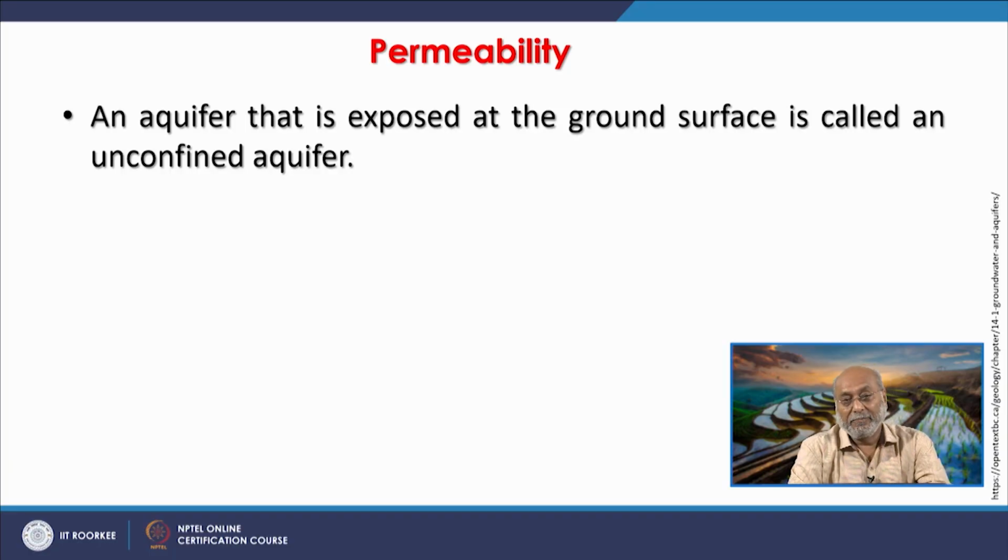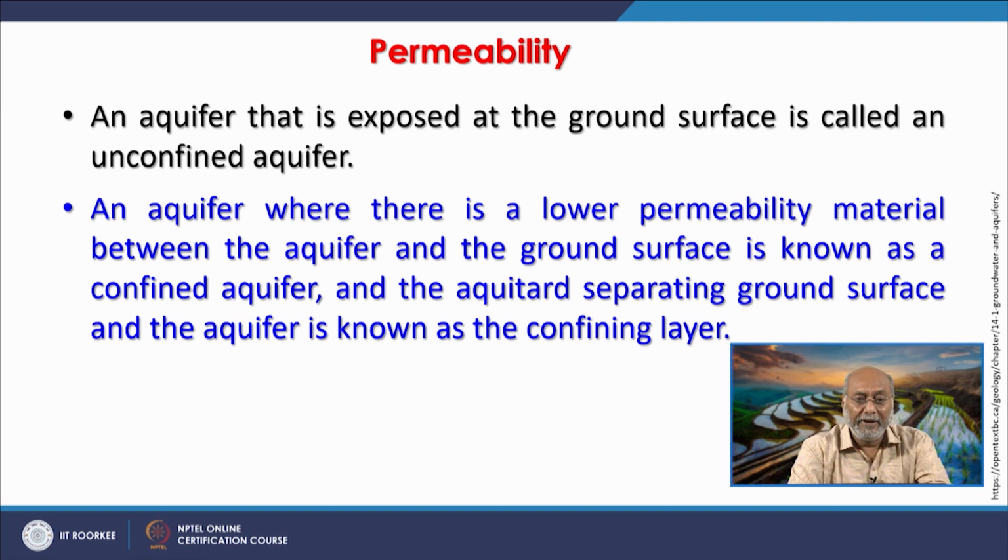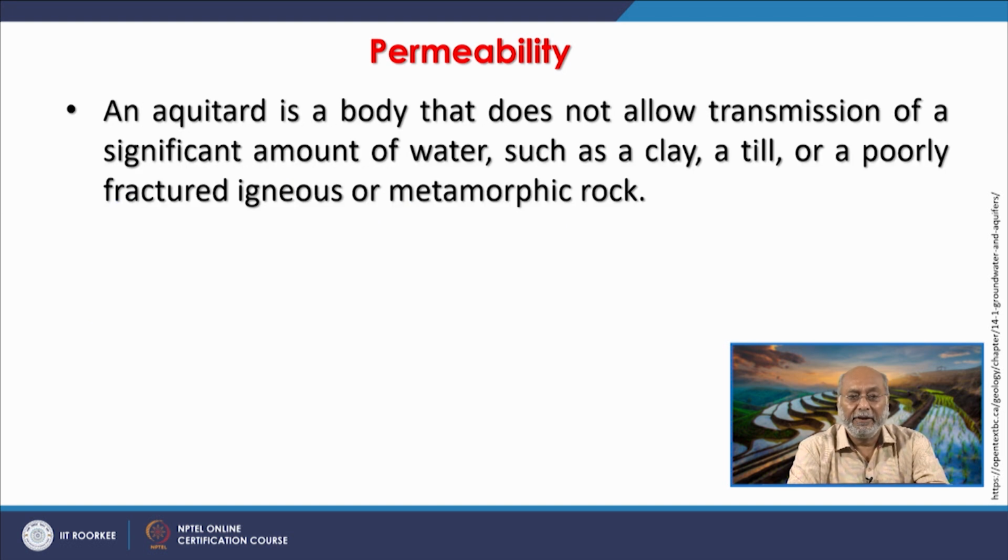So, an aquifer that is exposed to the ground surface is called an unconfined aquifer. This part we have already discussed. Where a lower permeable layer and a higher permeable layer are there, then we say there is a confining layer. So, an aquitard is a body which does not allow transmission of a significant amount of water, and these are relative terms which we have already discussed.